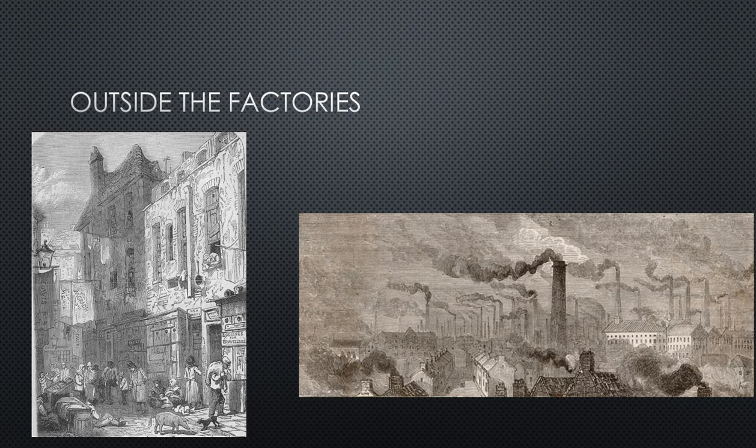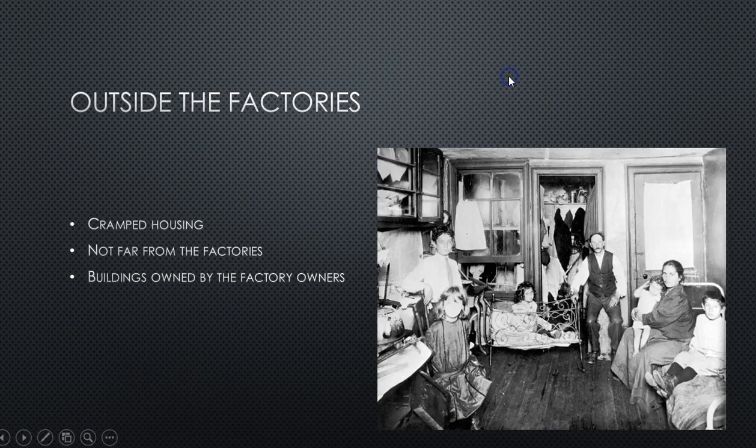It's not really going to take us long to return home, because usually the building that many people stay in is pretty close to the factory. And this is a building where the entire family shares a single room. Oftentimes these buildings were owned by the factory owners themselves, so they charge you rent.